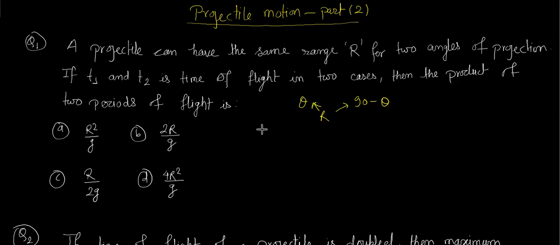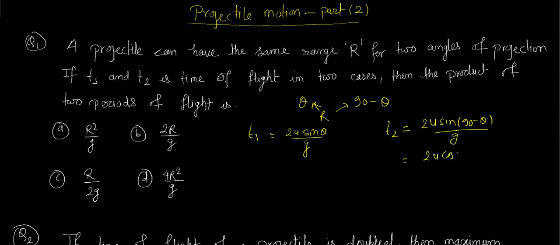Then we know the expression for time period. Let the first time period be 2u sine theta by g, and the second time of flight is 2u sine of 90 minus theta, which we can write as 2u cos theta by g.